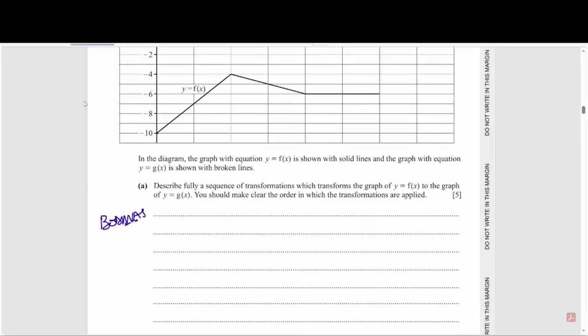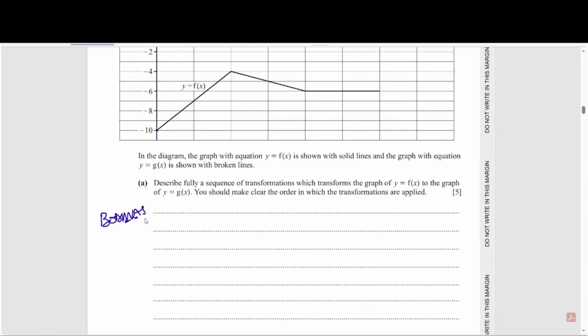So if it were two horizontal transformations, then we go in the reverse direction of BODMAS. If it's two horizontal transformations, then we do the addition before the multiplication. That means that with a horizontal stretch and a horizontal translation, we would have done the translation first before the stretch.